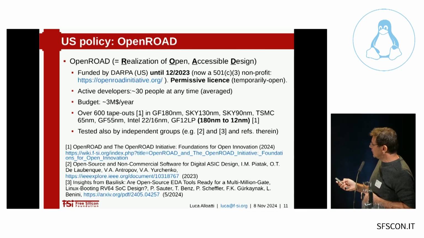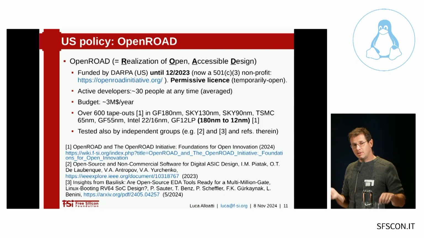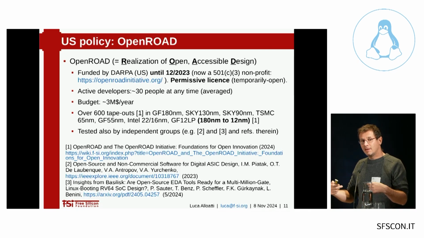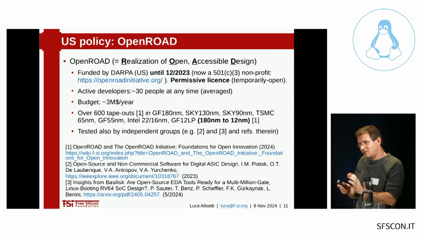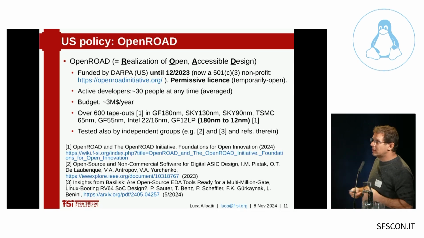And the one interesting requirement was that all the software has to be permissive. So when DARPA funded this project, they wanted to foster their domestic proprietary EDA companies. Therefore, they made sure that these companies could copy the best of the open source, close it again, so they were permitted to close it. That's what permissive means, permitted to close the software again, and then ship it again.